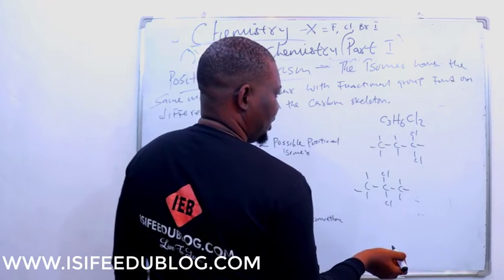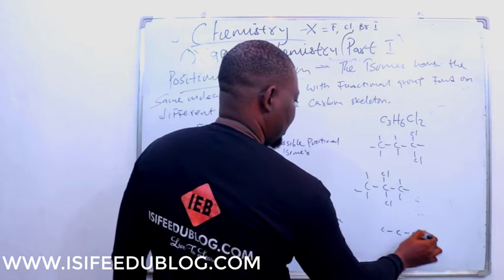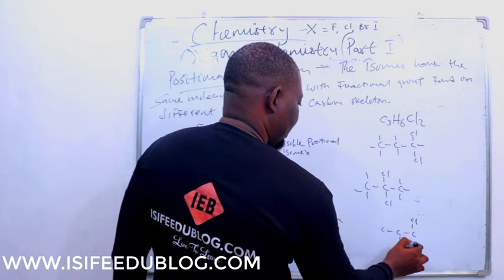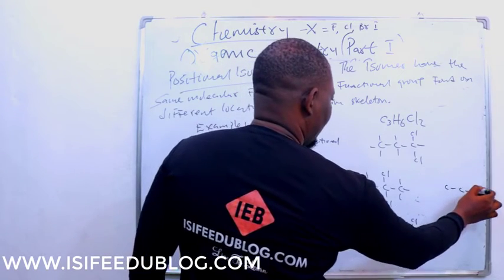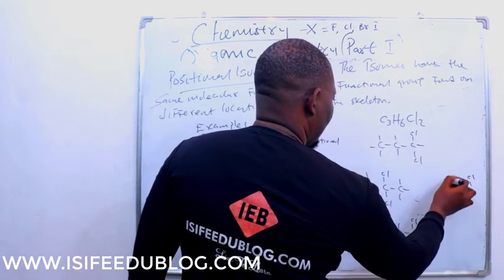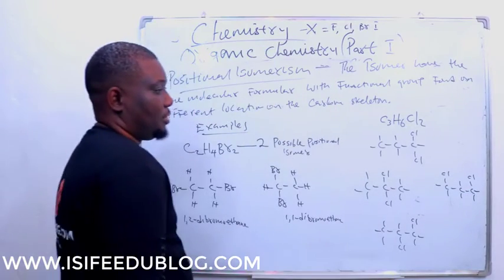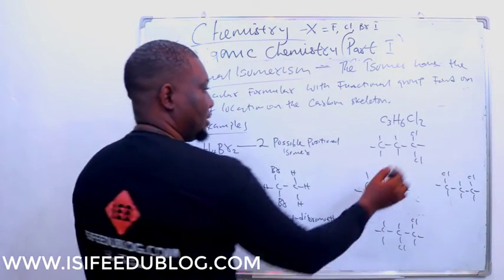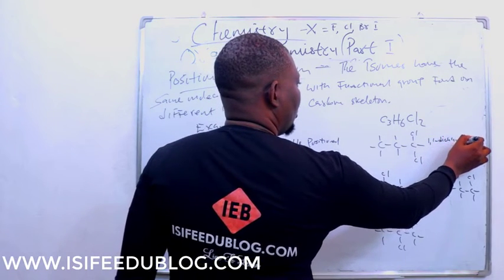Is there any possibility that we can have chlorine at this point and this point? Yes. And then we can have chlorine at this point and this point. So how many possible isomers? The first one is 1,1-dichloropropane.